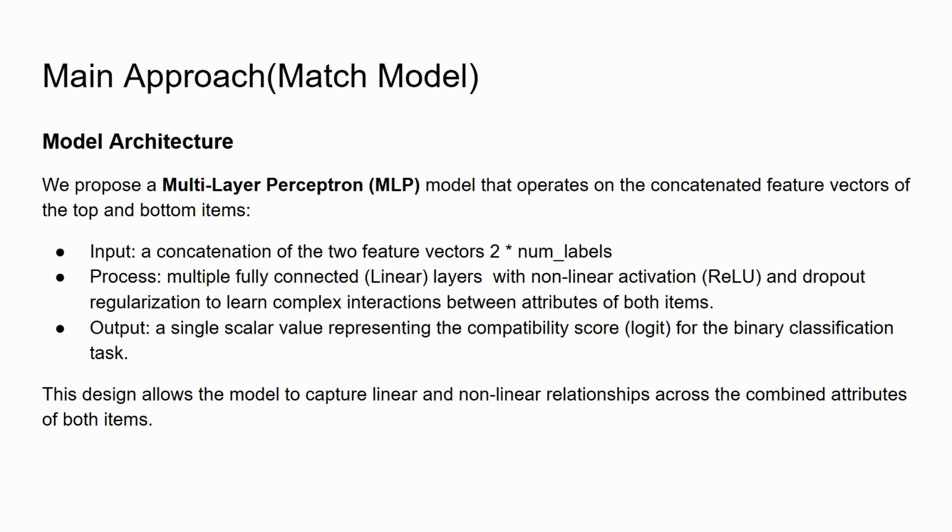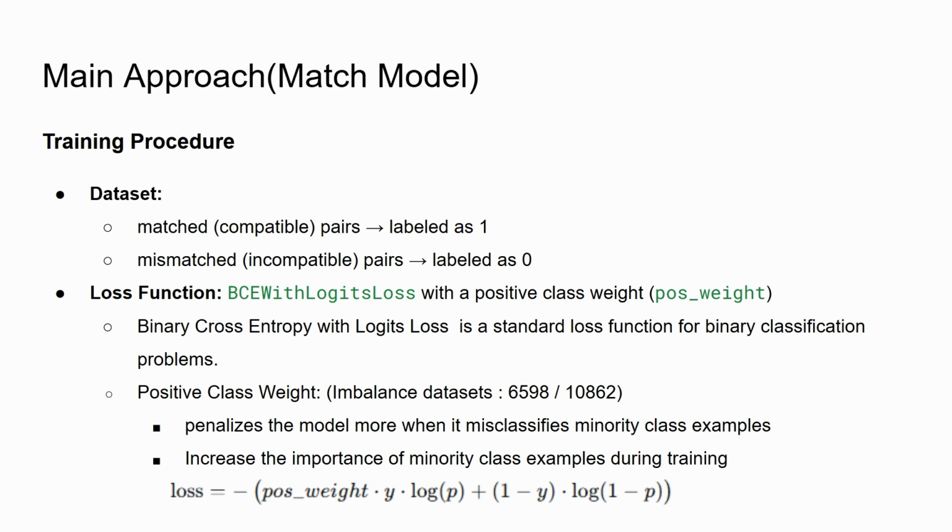Importantly, this is formulated as a binary classification problem, and the model learns to predict whether the pair is compatible or not compatible. This design allows the model to capture both linear and nonlinear relationships between the combined features of the two clothing items. And for the datasets, compatible pairs are labeled as 1, and incompatible pairs are labeled as 0.